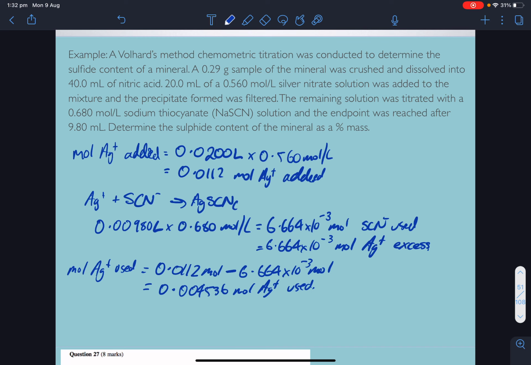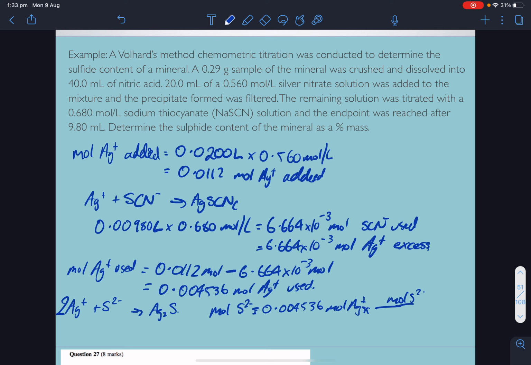And because, tricky, we had silver plus sulfide going to silver sulfide, we needed 2 silvers for every sulfide. Don't forget your stoichiometry there. 2 silvers for every sulfide. So our moles of sulfide is going to equal 0.004536 mole of silver used, multiplied by the ratio, 1 mole of sulfide to 2 moles of silver.